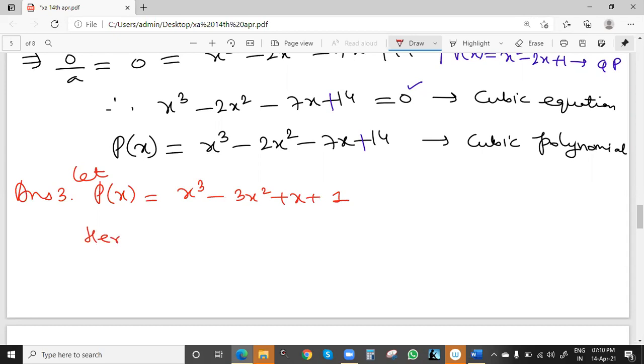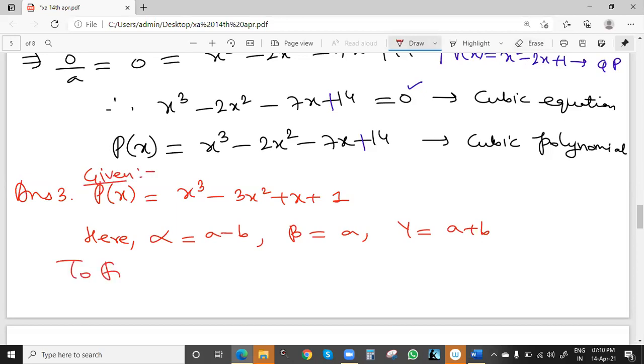Suppose the first zero is alpha, which is a minus b, beta is a, and gamma is a plus b. These are the zero values, and we have to find the a and b values. Find a and b.